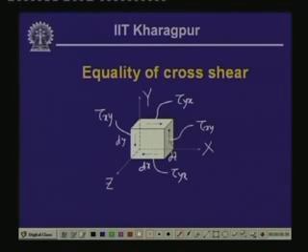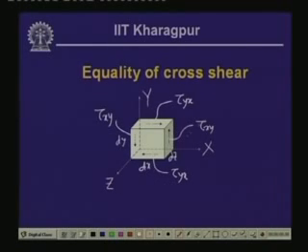Along with this, we have the other stresses like normal stresses sigma x, sigma y, sigma z and the shearing stress components in the other planes. Since only these stress components are going to cause the moment, other forces have not been shown over here.